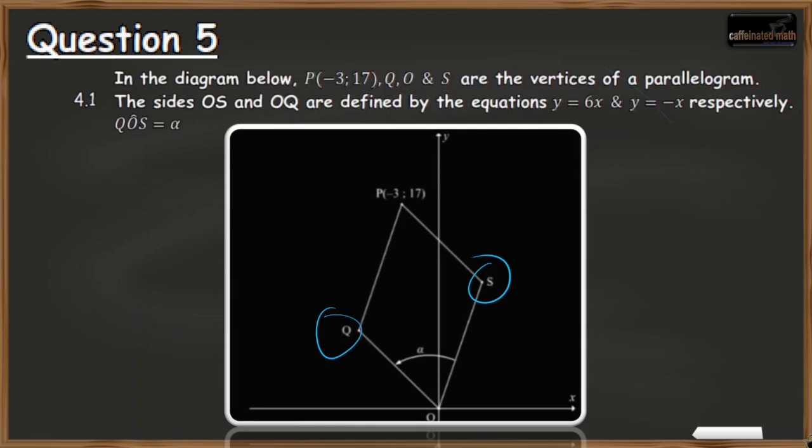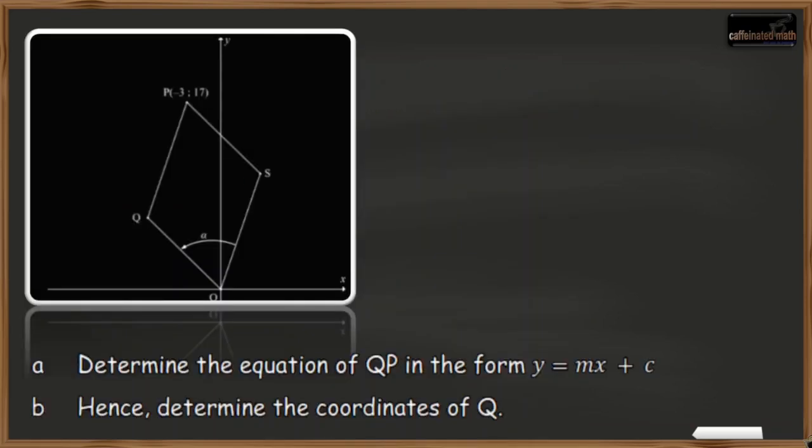The sides OS and OQ are defined by the following equations: y is equal to 6x and y is equal to negative x respectively. Angle QOS is equal to alpha. So determine the equation of QP in the form y is equal to mx plus c.